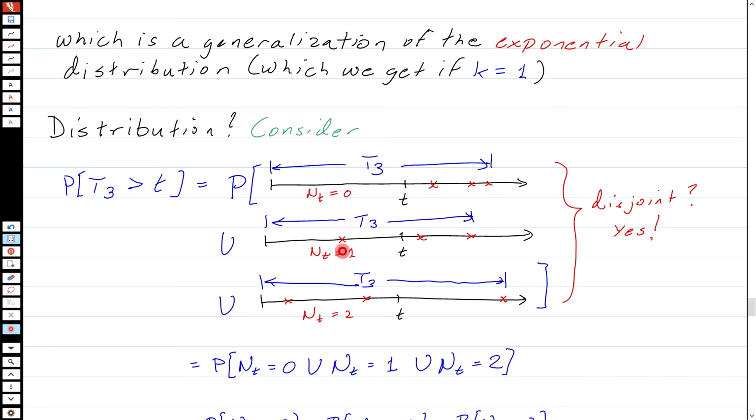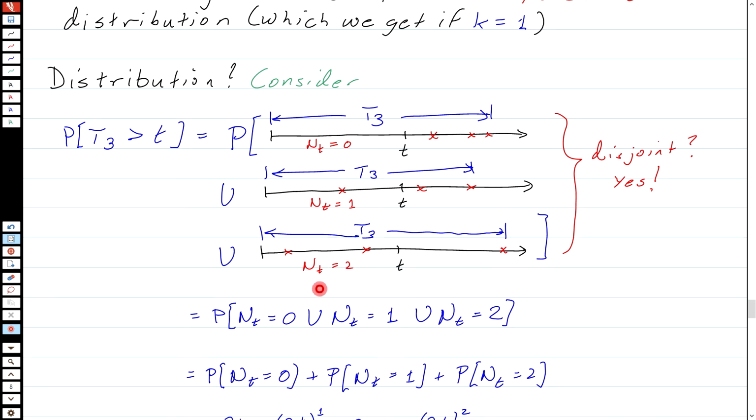Another possibility is that we have 1 arrival in here and then 2 arrivals after time t. And another possibility is that we have 2 arrivals in here and the third after t. There are no other possibilities. If we have all 3 inside, then T3 is less than t. So if we want T3 to be bigger than t, these are the only 3 possibilities.